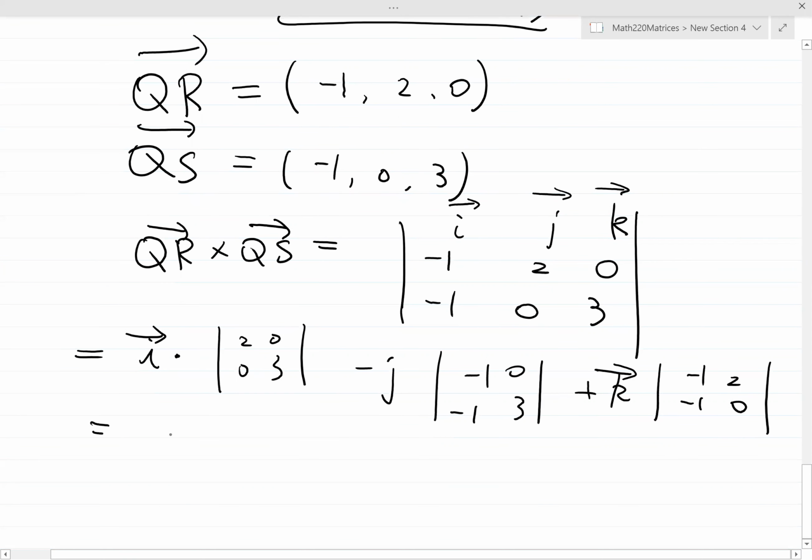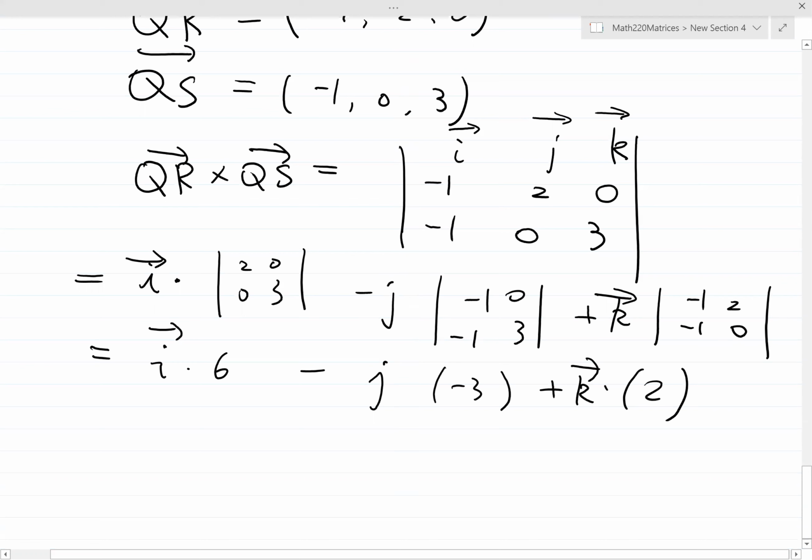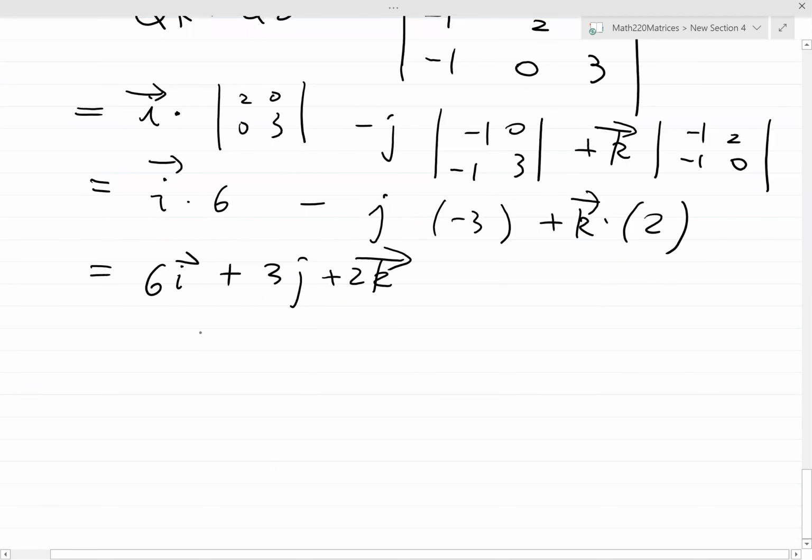So we get 6i, this is j times -3, this is k times 2. So we get 6i plus 3j plus 2k. So the normal direction to the plane is 6, 3, 2. So let's choose N to be 6, 3, 2.